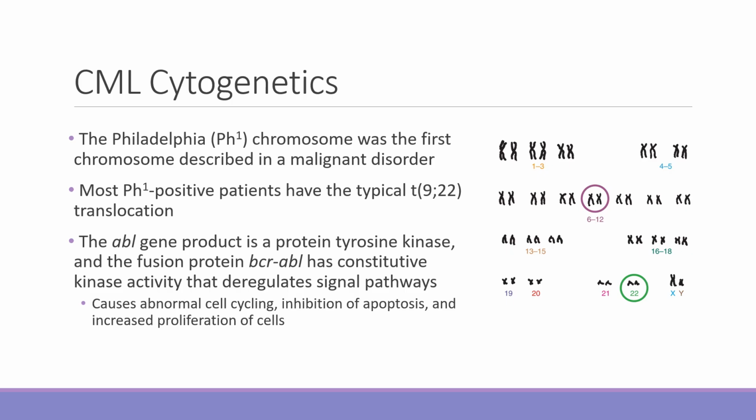And then the ABL gene product is a protein tyrosine kinase and the fusion protein BCR-ABL has constitutive kinase activity, and that deregulates signal pathways. So that causes abnormal cell cycling and inhibition of apoptosis. So in addition to an overproliferation of cells, the cells that are living are being inhibited from their own self-destruction, and again, an increased proliferation of those cells.